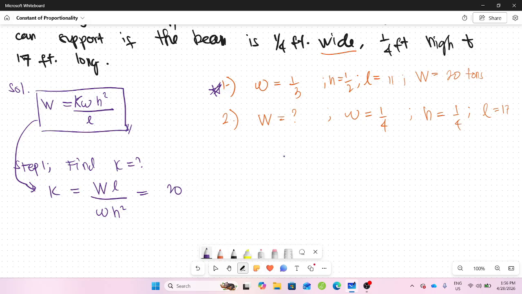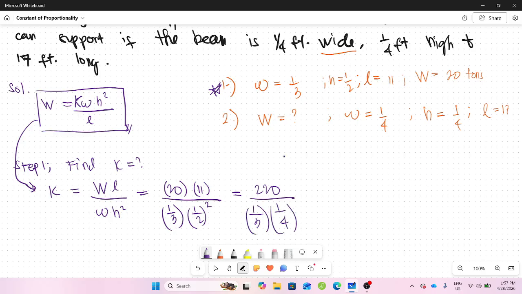Forget about the units. 20 tons, while the length is 11. For the denominator, the width is 1/3. The height is 1/2. Then we have to square that one. So we get, for the numerator, 20 times 11, we have 220. 1/3 times 1/4.